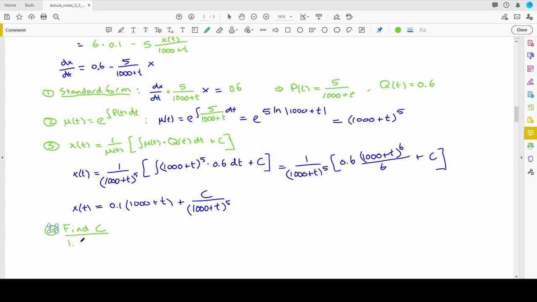So initial condition is x of 0 equals 0. So that means t is 0, x equals 0, t and x. And let's plug that into our equation.